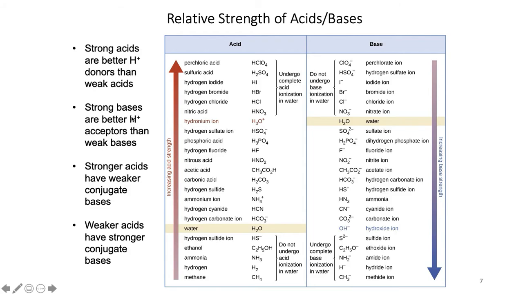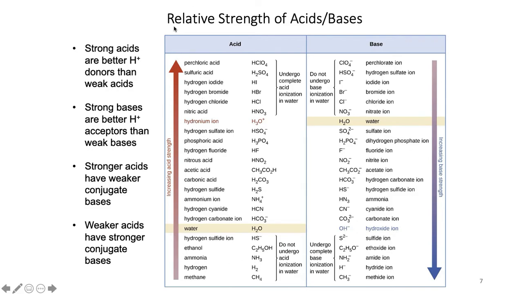So they grab that proton very easily to form the conjugate acid. Stronger acids have weaker conjugate bases. So if I'm looking at a strong acid conjugate base pair, the strong acid is much, much stronger than its conjugate base. And the opposite is true for the weaker acids and bases, obviously.